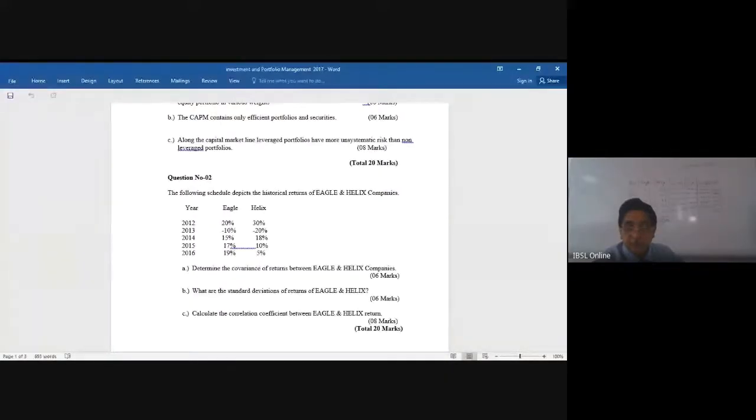Then you need to calculate the standard deviation of returns of Eagle and Helix. There we do the calculation and see what the standard deviations are.